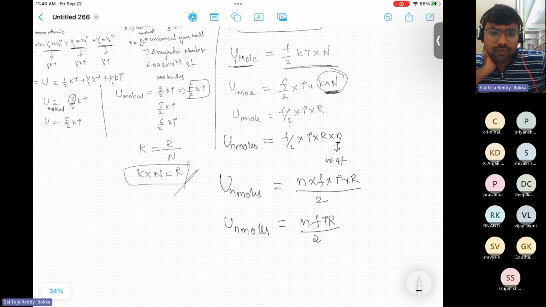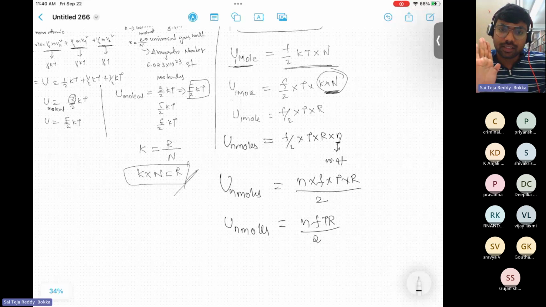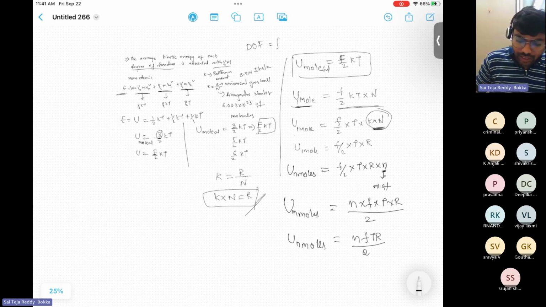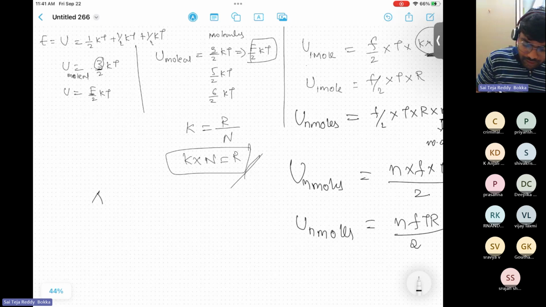There will be a rate of change in their internal energy, right? I haven't said it will be constant. Till now, I haven't said internal energy will be constant. Then there is a rate of change in their internal energy. Then how will you indicate this rate of change?